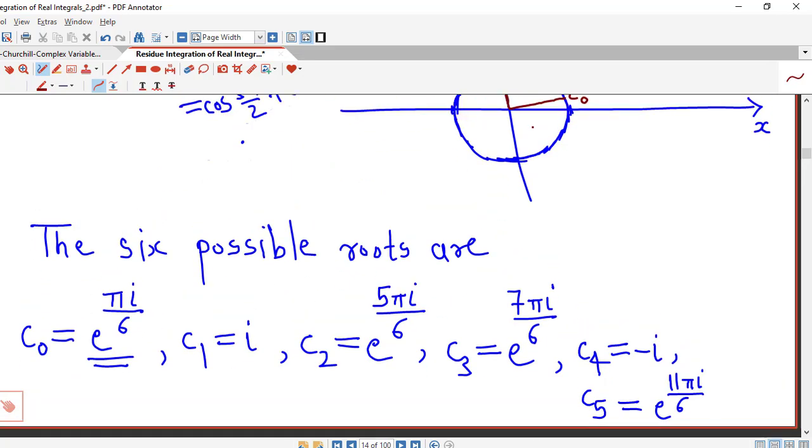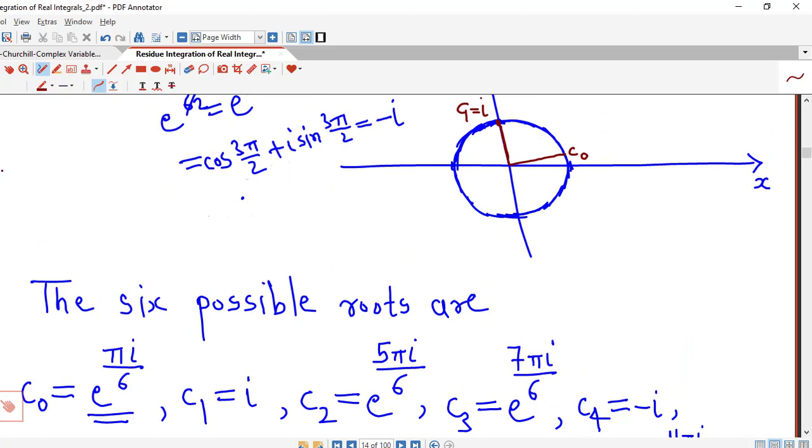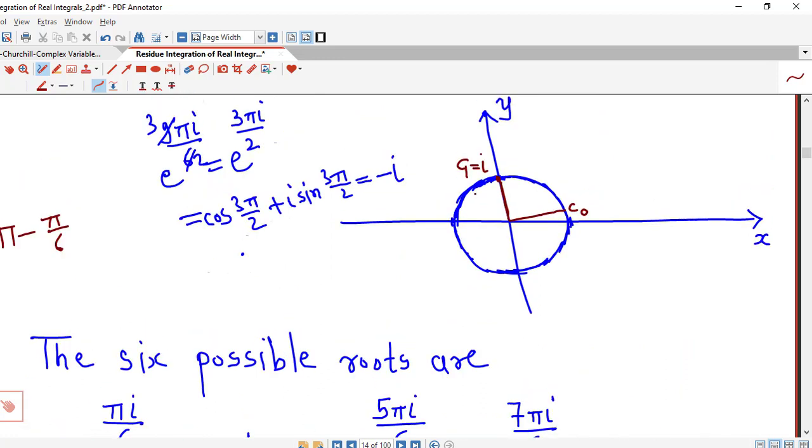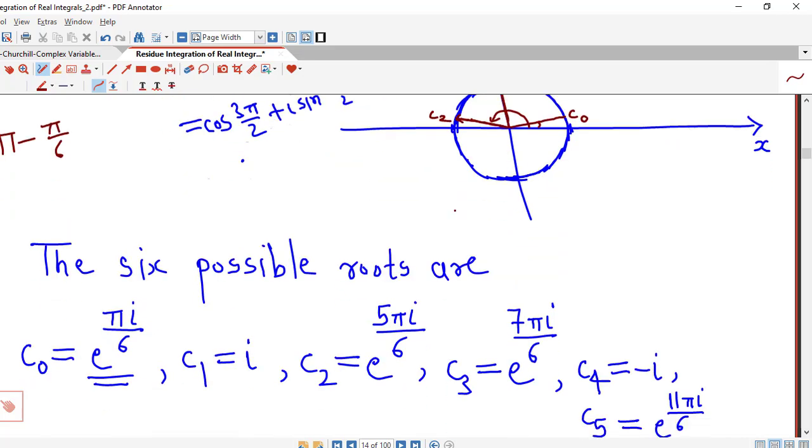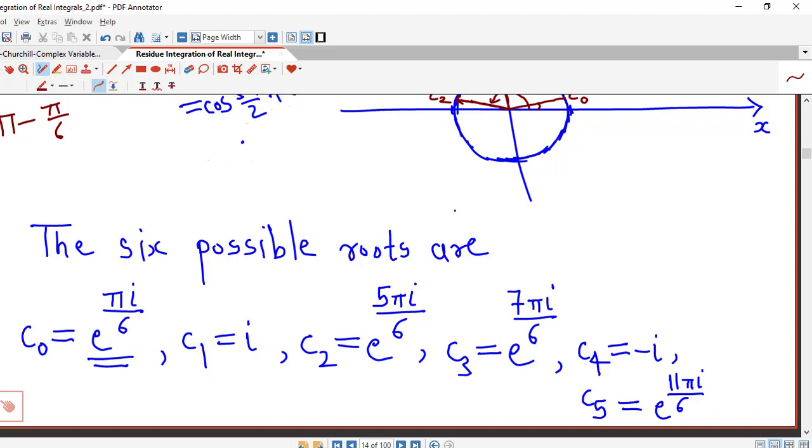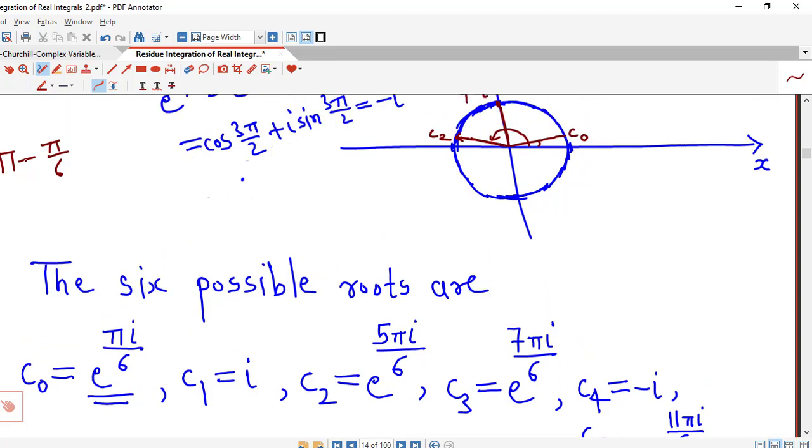Then C2 is 5 pi by 6. 5 pi by 6 means it is pi minus pi by 6. So because this is pi by 6, this angle is pi by 6. This is also pi by 6, this angle. So pi minus pi by 6 will be this much angle. So this is the location of C2. Then C3 is 7 pi i by 6. 7 pi i by 6 will be pi plus pi by 6.